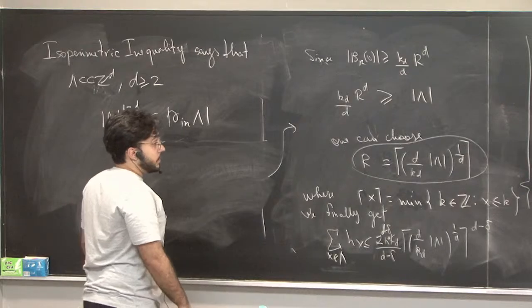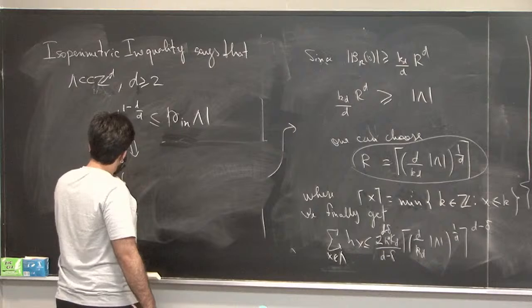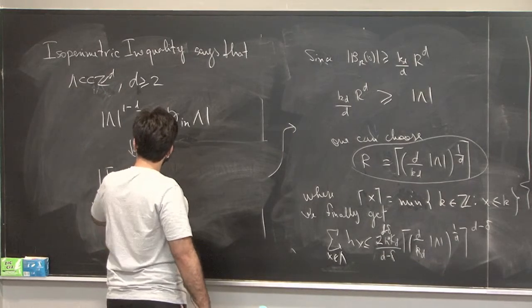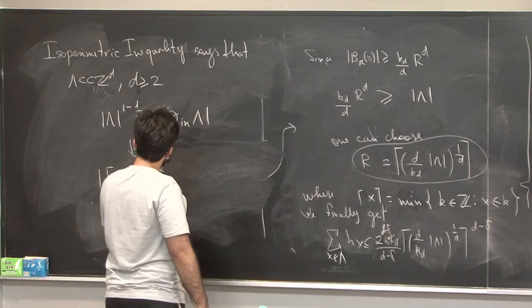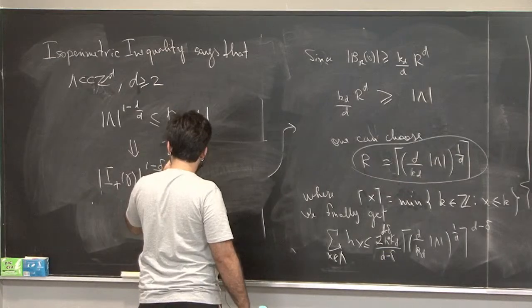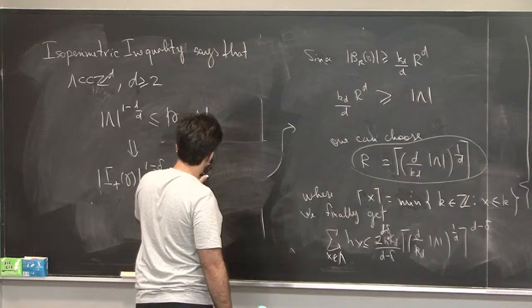And by using this inequality, this implies that the interior to the power 1 minus delta over d is less than the inner boundary.